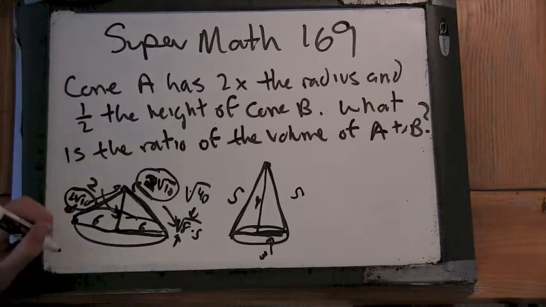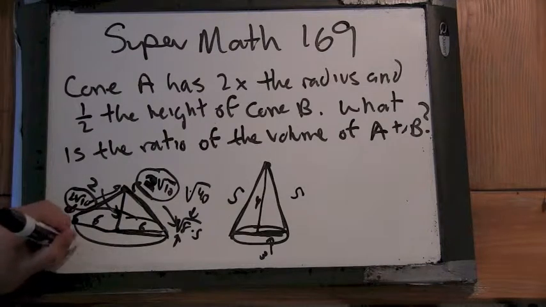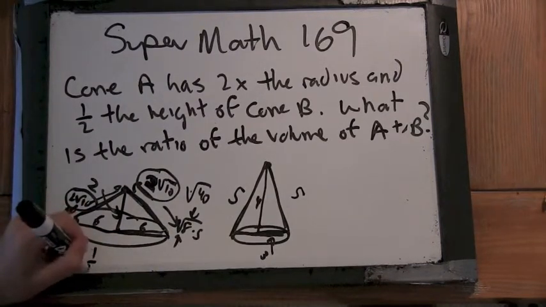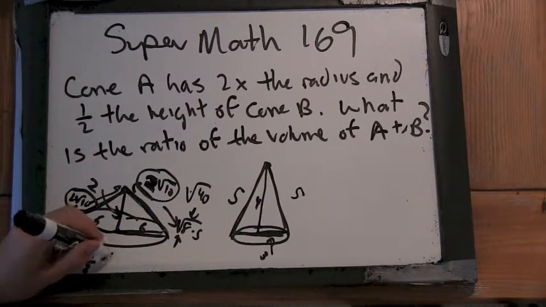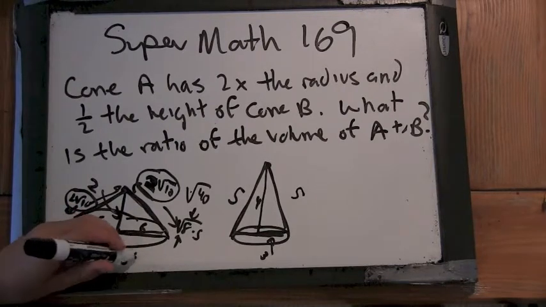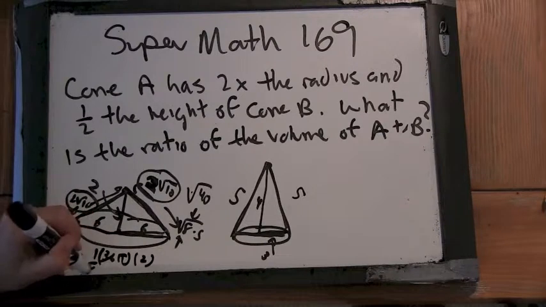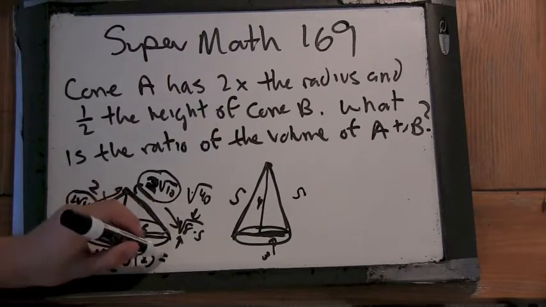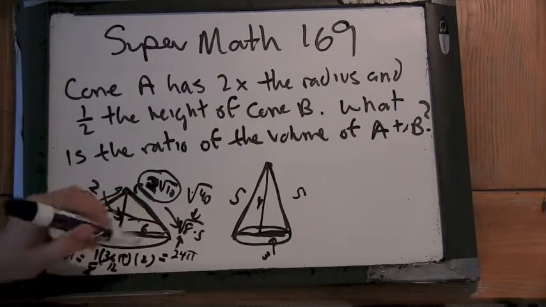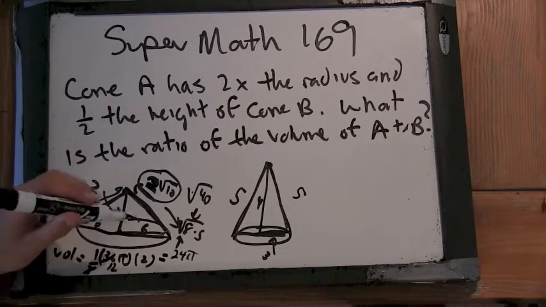So now the volume. The volume of this one is 1/3 times 36 pi times the height 2. Cancel a 3 and you get 12. So you have 12 pi times 2, so this is 24 pi. Okay.